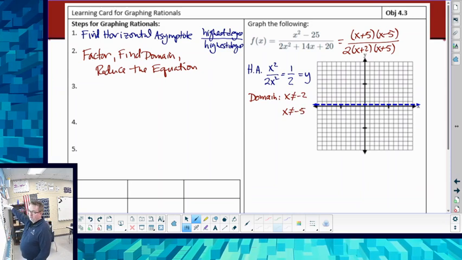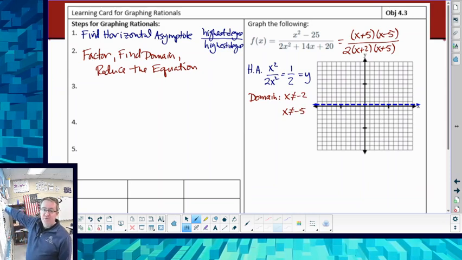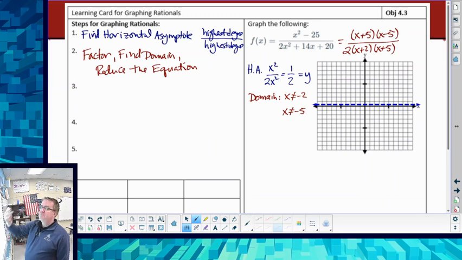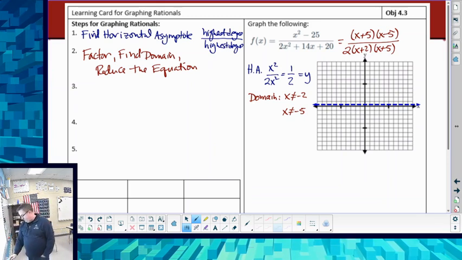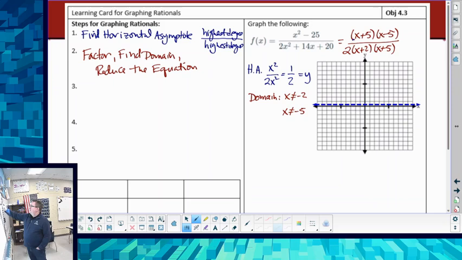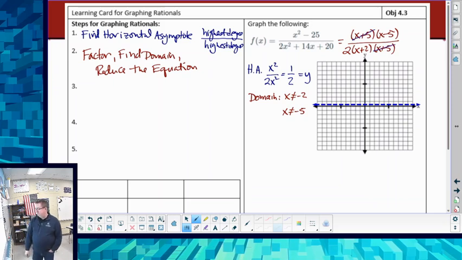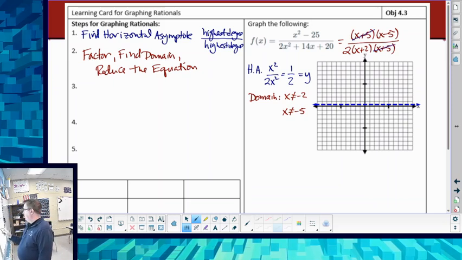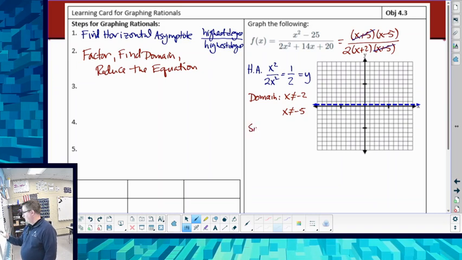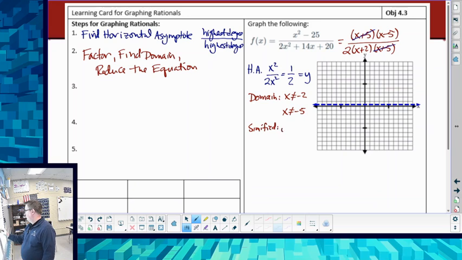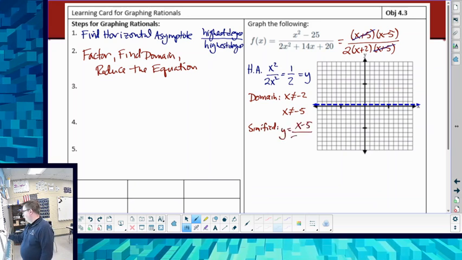Both of those numbers don't work because they're going to make the original equation equal 0 in the denominator, and that's not allowed. So then from there, we're going to go ahead and divide these out. And then I'm going to write down the simplified version: y equals x minus 5 over 2 times x plus 2.